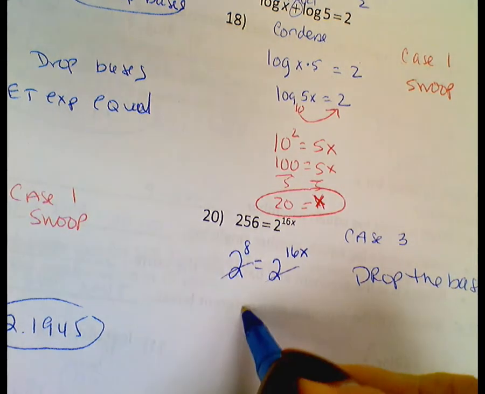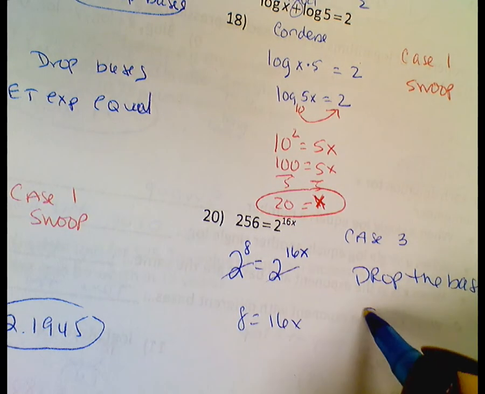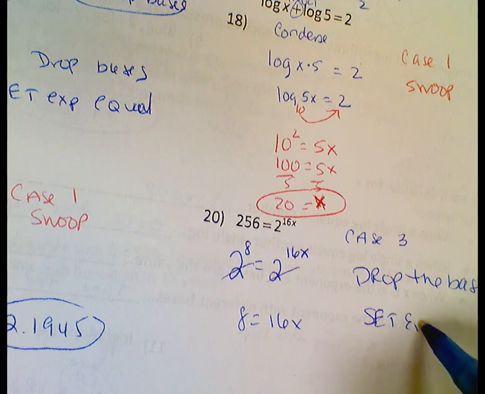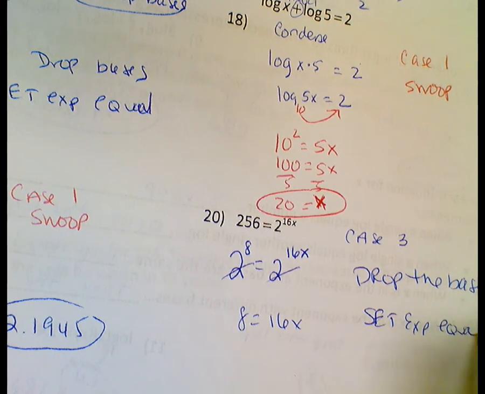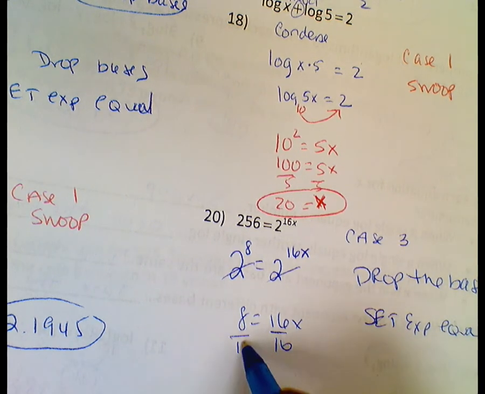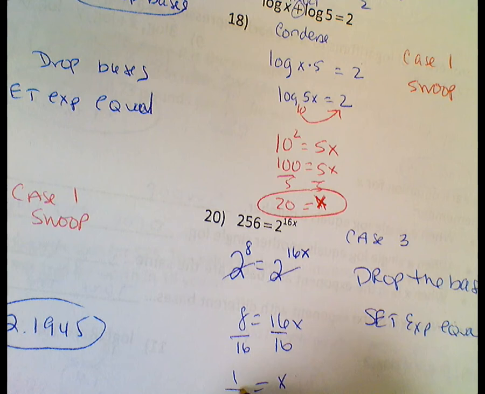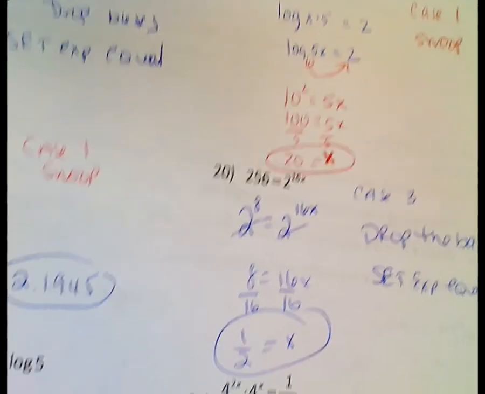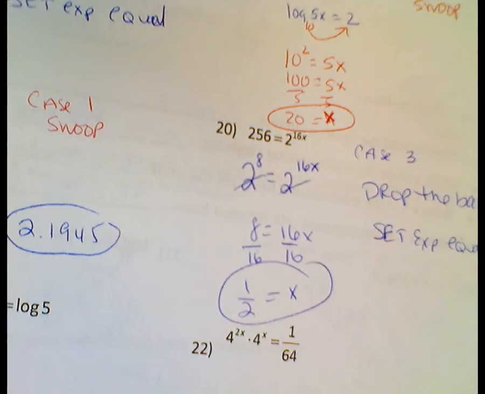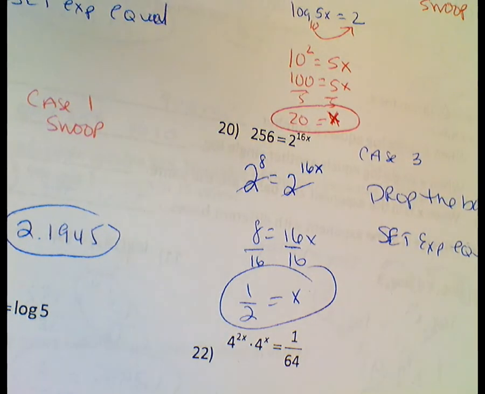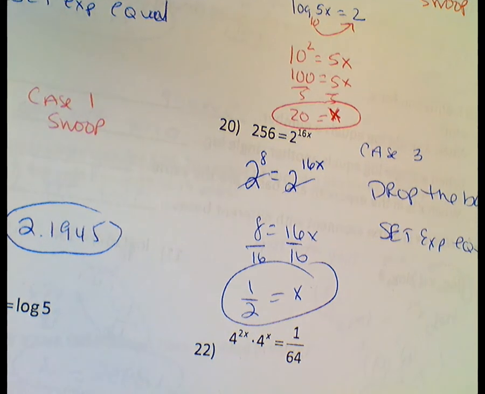So if you drop the bases and set these exponents equal, solve for x, x is 1/2. 8/16 is 1/2. Punch it in the calculator if you don't know why 8/16 is 1/2. I'll take 0.5 for an answer.